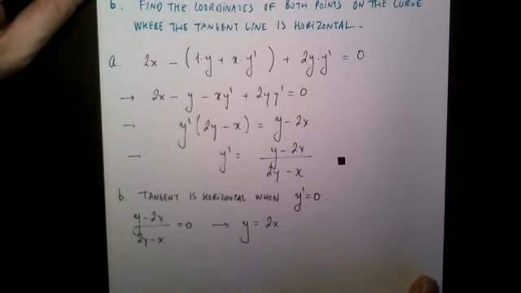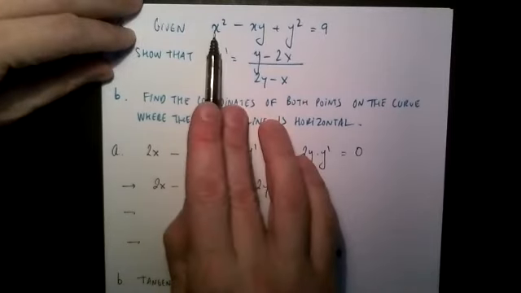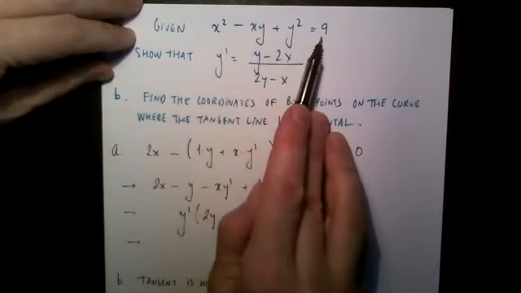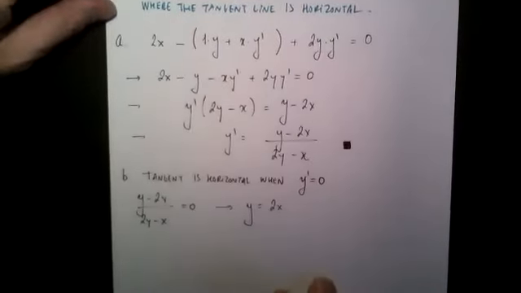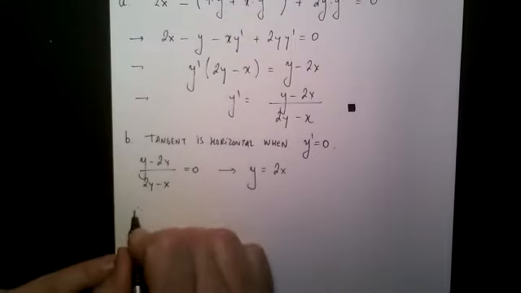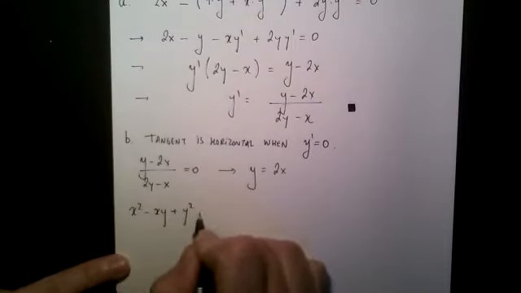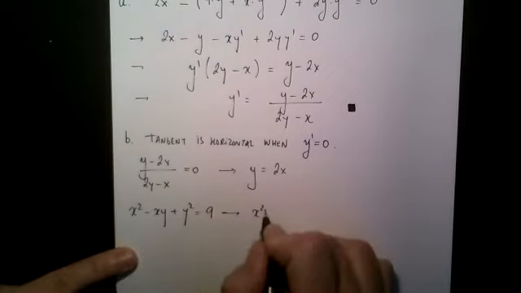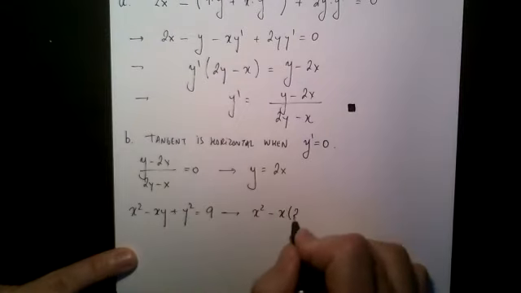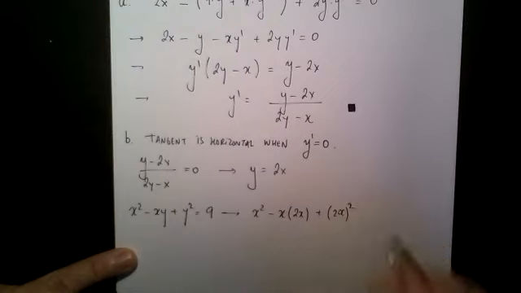We go back to our relation on top here: x squared minus xy plus y squared equals 9. And I'm going to replace every y by 2x. So this means that x squared minus x times y, which is 2x, plus y, which is 2x squared, is equal to 9.